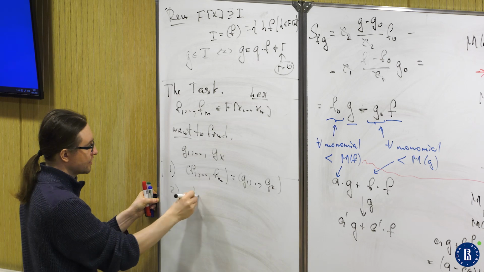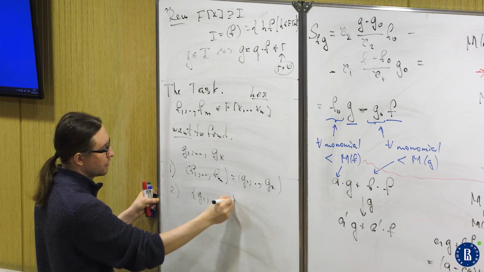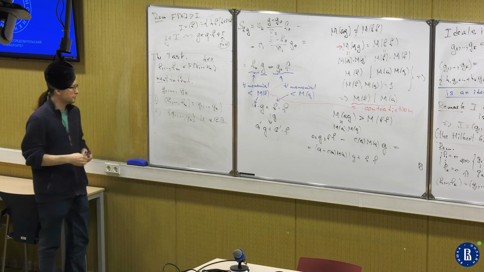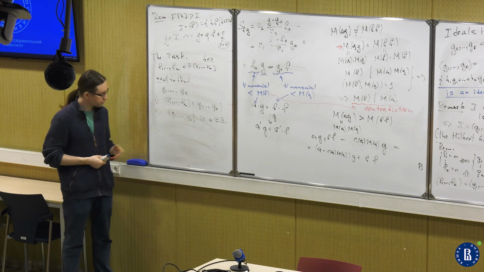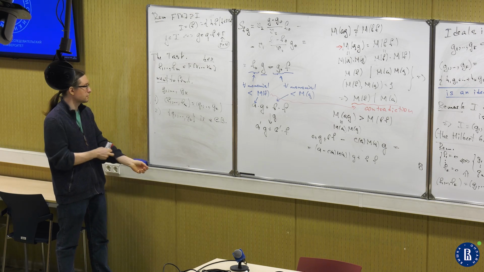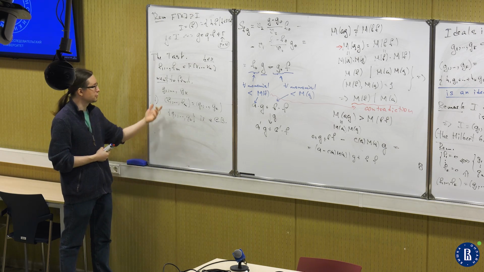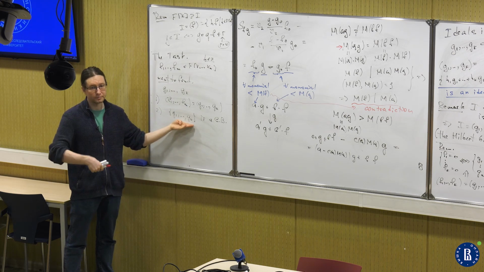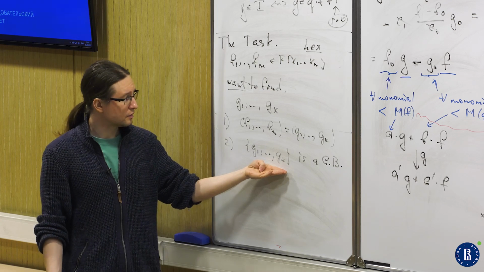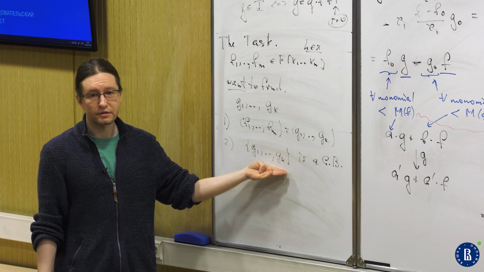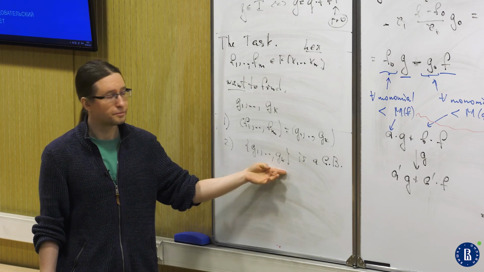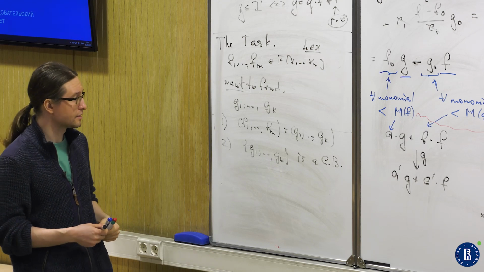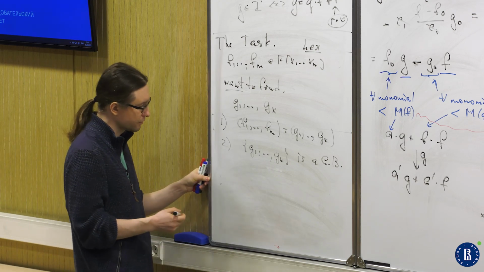And second, the set consisting of G1, ..., Gk is a Gröbner basis. If you do this, it basically means that now you have a good set of generators for your ideal. So you can make a reduction in such a way that your remainders are unique. This is one of the basic tasks, and there is an algorithm that solves it, called the Buchberger algorithm.